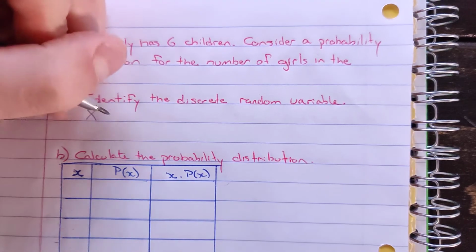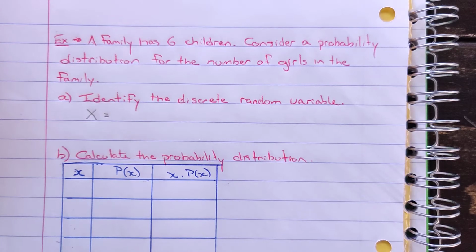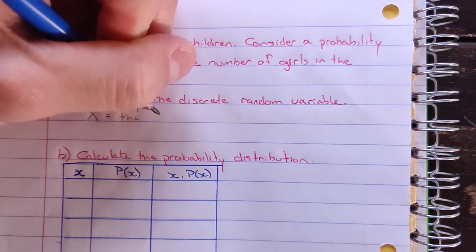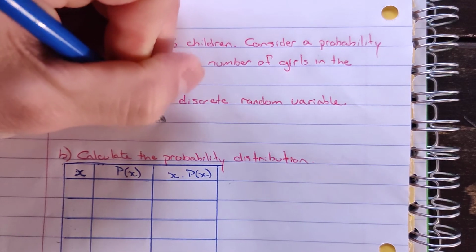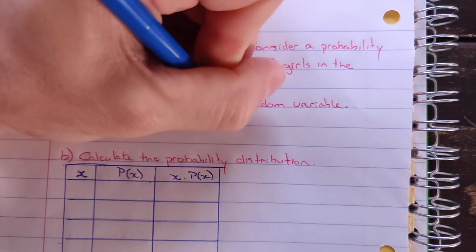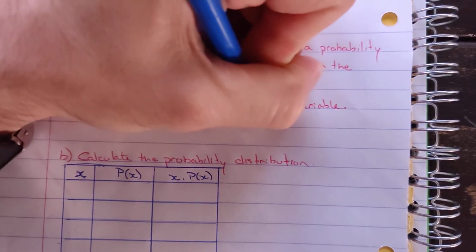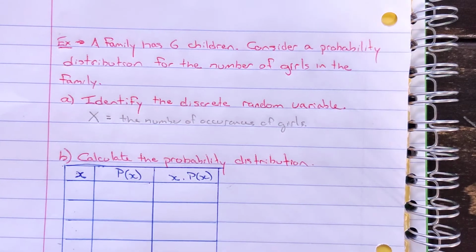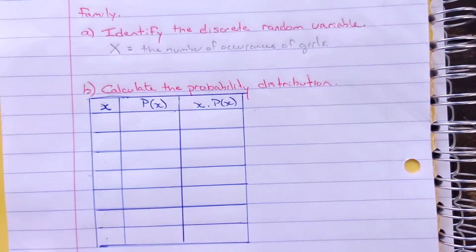That is going to be the number of occurrences of girls. So our probability distribution here is looking at the number of times we find girls in a family, in a family of 6 in this case.